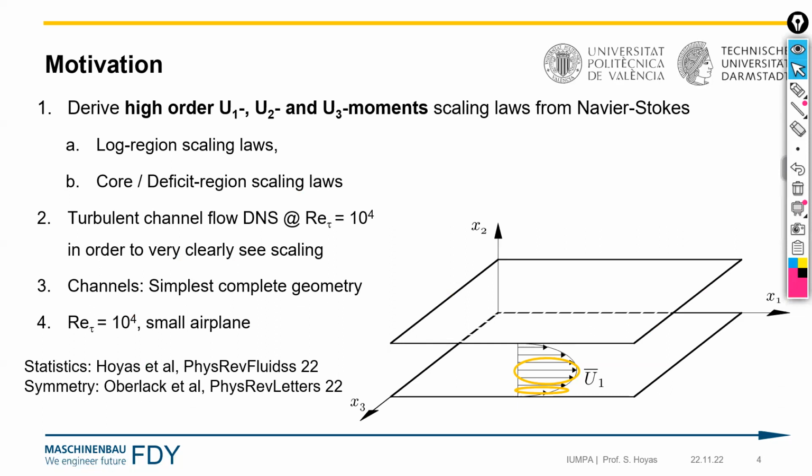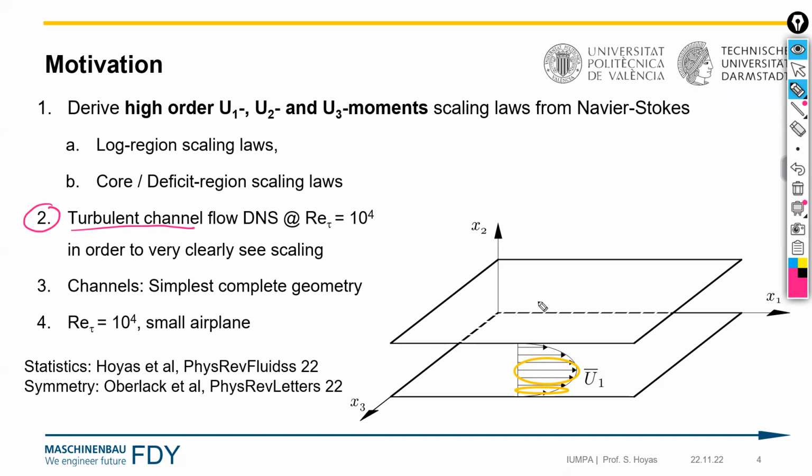So our idea was to understand the high moments of the flow. In fact, sorry, we are interested basically in the behavior of the flow in 2 different parts of wall-bounded flows. First, why are we simulating one turbulent channel flow?